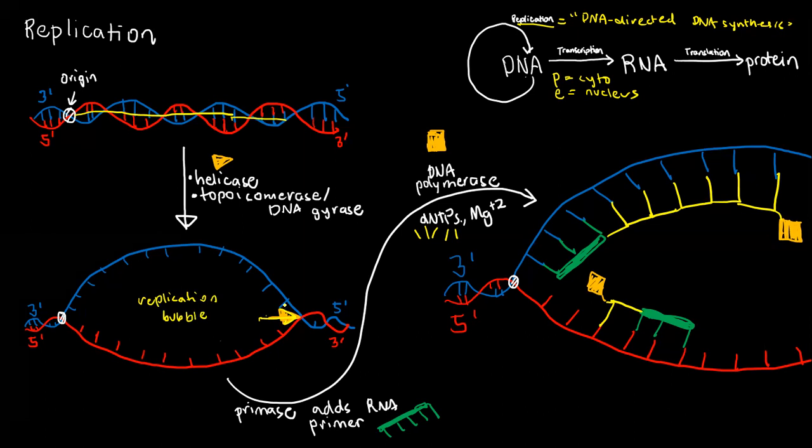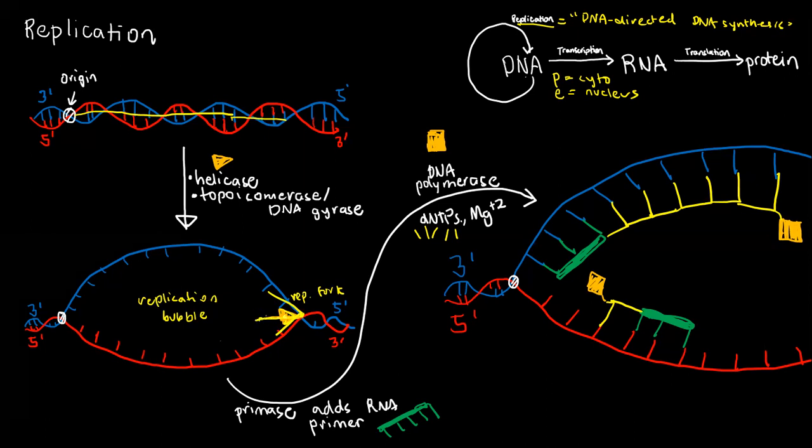Or sometimes we call this area right here the replication fork, because here we could see that the two strands are forking out at the end where the helicase is moving, on the direction where the helicase is moving.